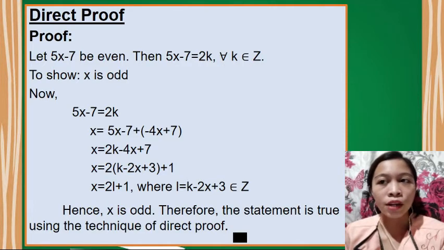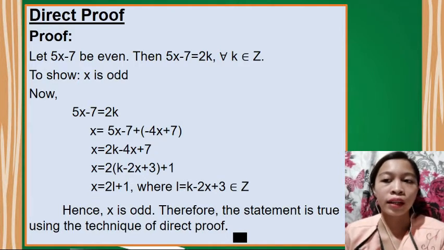We can actually substitute 5x minus 7 as 2k because it is stated above, and minus 4x plus 7. After that, 2k minus 4x plus 7, we can write this as 2 multiplied with k minus 2x plus 3, plus 1.